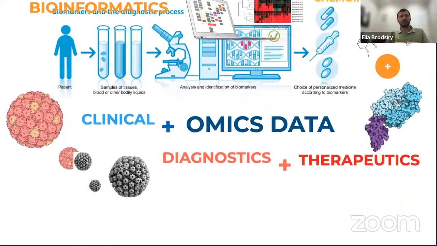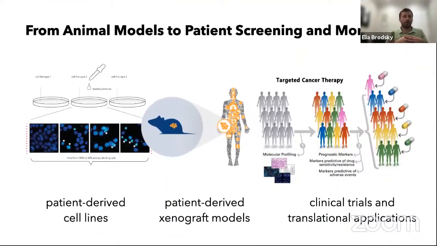But another one is that really we need to connect how this basic type of research really connects to what we see in patients. And typically that means how do we translate insights from patient-derived cell lines to studies that are being performed on animal models, to then the application of that information for clinical trials and also into the clinic, which is the ultimate goal of genomic medicine.